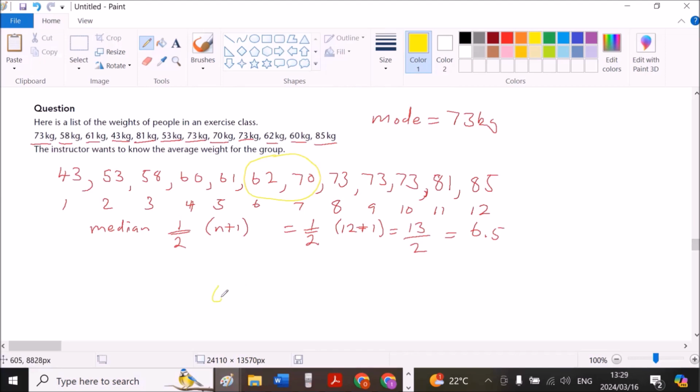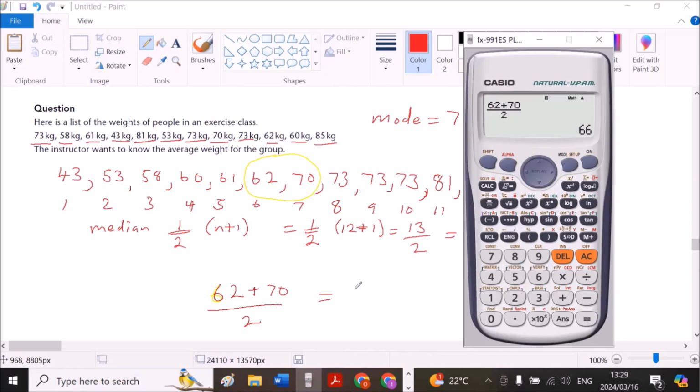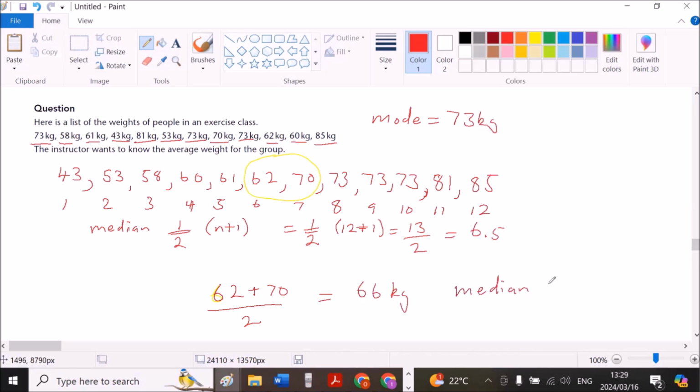So we'll say 62 plus 70 over 2, which is 66 kgs. So our median is 66 kgs. So these are our two ways of measuring the average weight of the group.